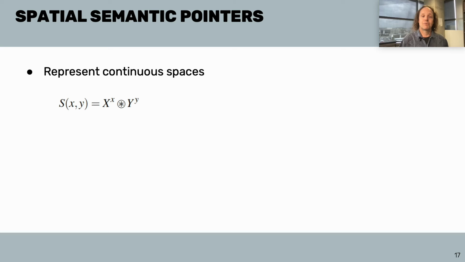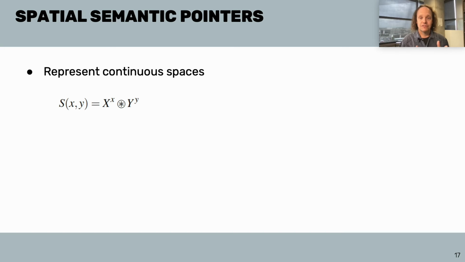Now, to represent a point on those axes, we can take each vector and convolve it with itself a fractional number of times. So suppose I wanted to represent the point 1, 1.1. Then I would take the x-axis and put it to the power of 1, and the y-axis and put it to the power of 1.1, and then bind those representations together to give me a slot at that location.